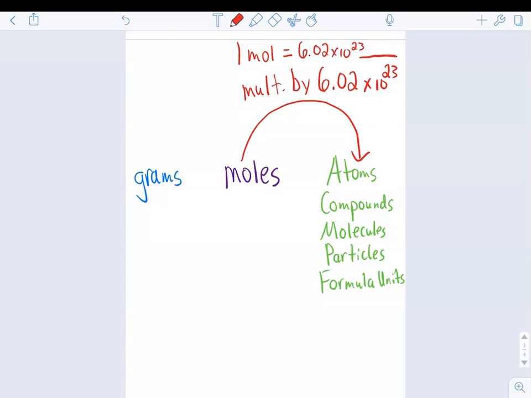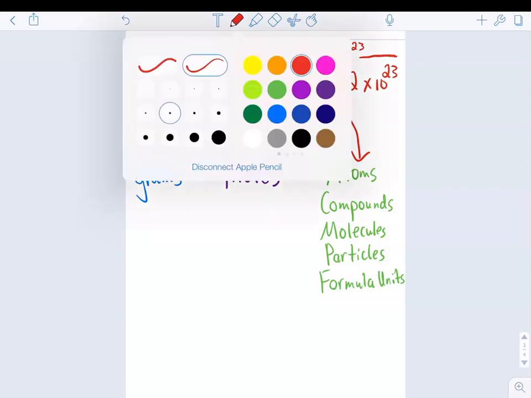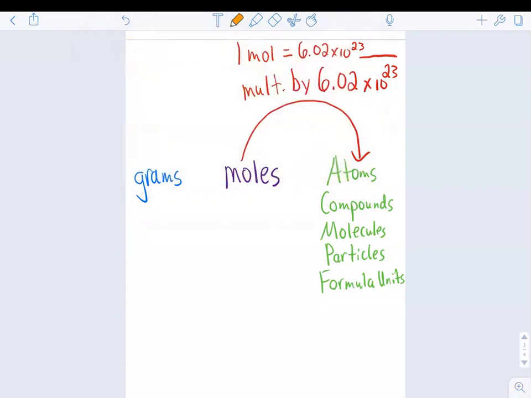Whether it's the atoms, the compounds, molecules, whatever will go in that blank. Then, let's say if I were going to go from moles to grams, then I'm going to multiply by molar mass. So my conversion factor for that is going to be blank grams equals 1 mole.